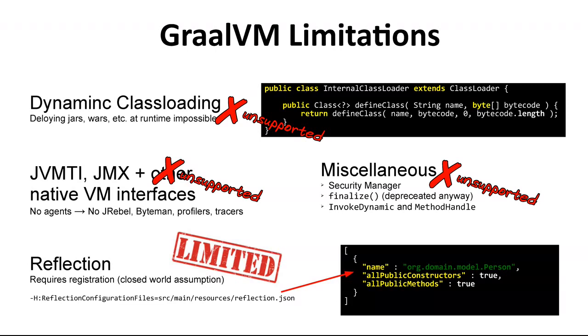Or better, you can have reflection if you follow the closed world assumption again, meaning that you have to tell Graal, look, I want to use reflection on this specific class, and then you can configure that class in a JSON file and give the JSON file to the Graal compiler.